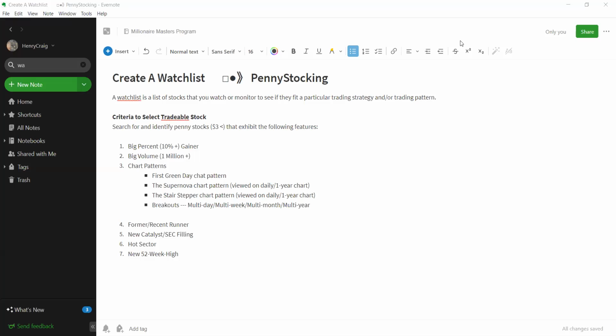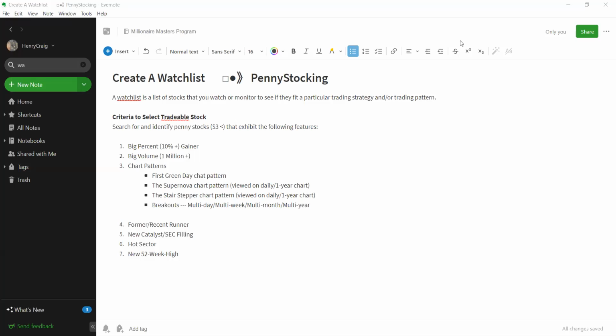Today, we will continue with creating our watch list using examples from our trading platform. Here on our spreadsheet, there are 7 criteria that we will be using to select penny stocks.